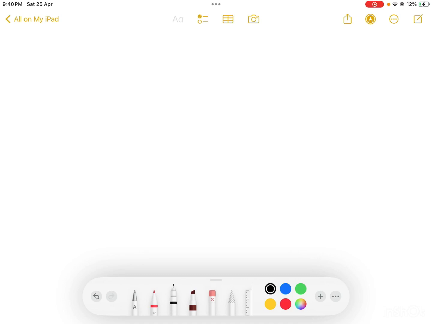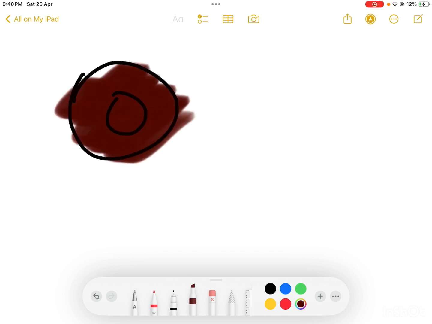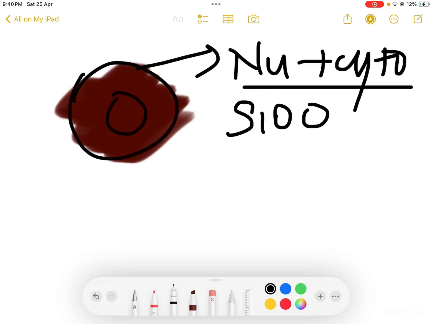Then there are some cells which will give both nuclear and cytoplasmic positivity. These proteins are present in both compartments, in the nucleus as well as the cytoplasm. There are only very few proteins like that, nucleus plus cytoplasm, and those are the S100 protein, P16.